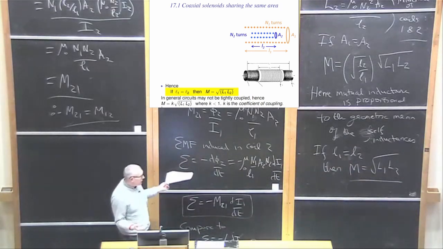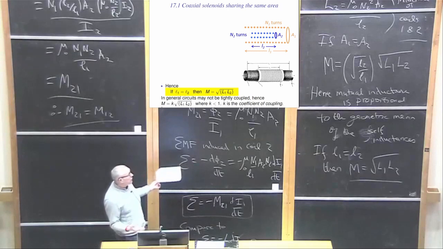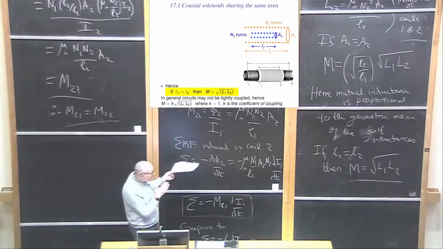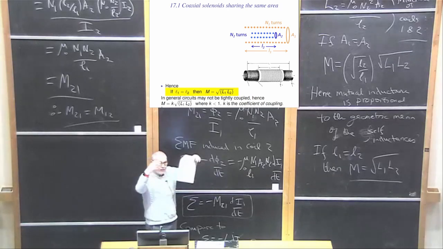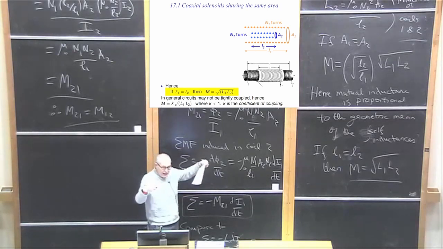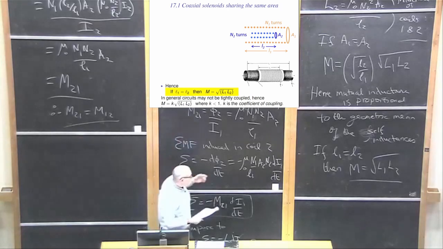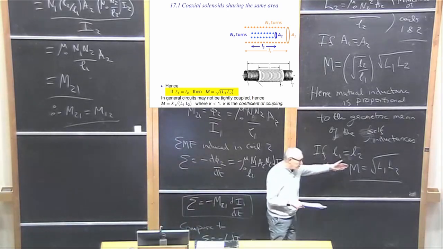So this is a formula you probably will see. It's only true if the areas are the same, if the lengths are the same, then the mutual inductance is given by this.